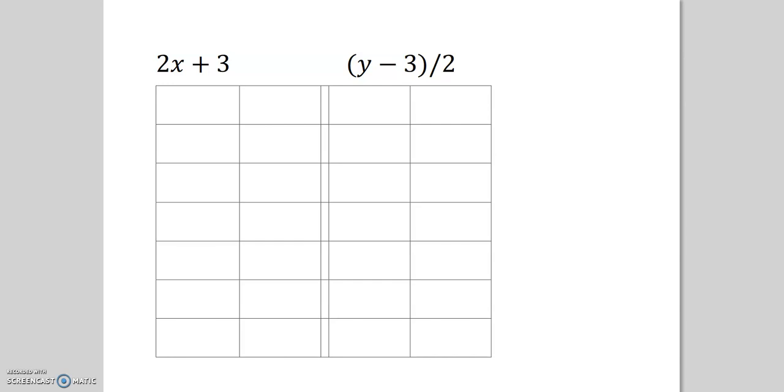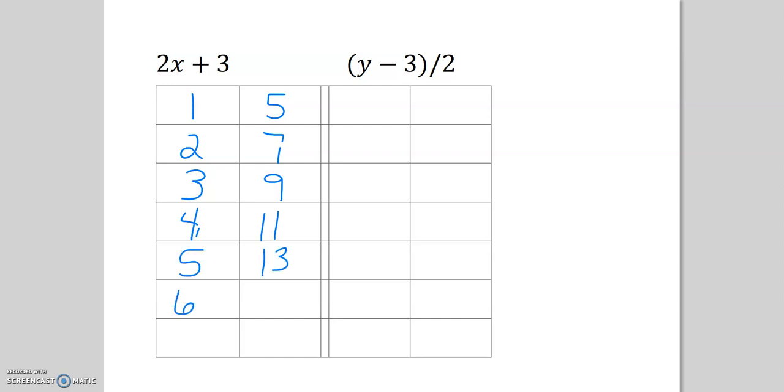I'm just going to say when x equals 1, if I put 1 into this, I get 2 plus 3, which is 5. When x equals 2, I get 4 plus 3, which is 7. When x equals 3, I get 6 plus 3, which is 9. And when x equals 4, I get 8 plus 3, which is 11. And when x equals 5, I get 13.